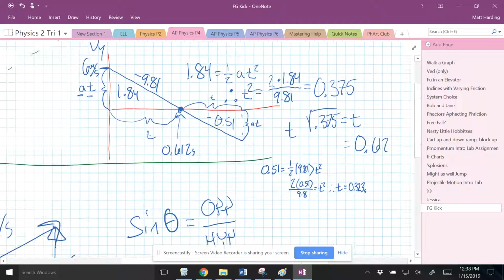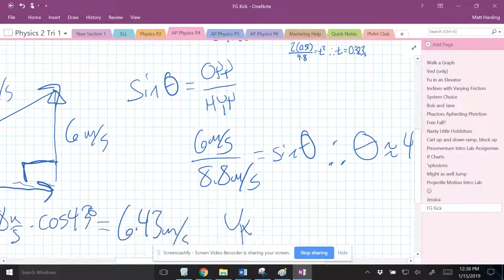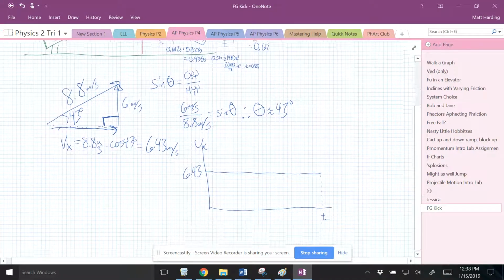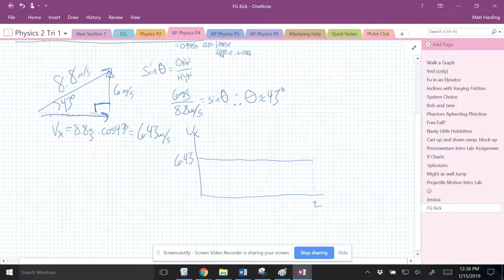So then the total time is going to be that 0.612 plus 0.323 seconds. I'm going to get 0.935 seconds.